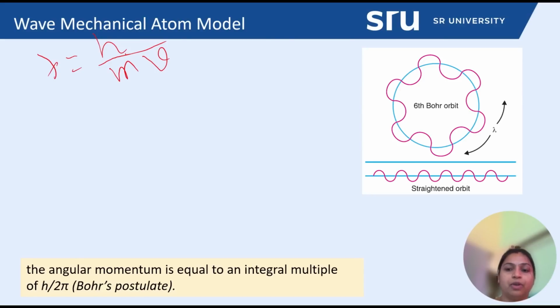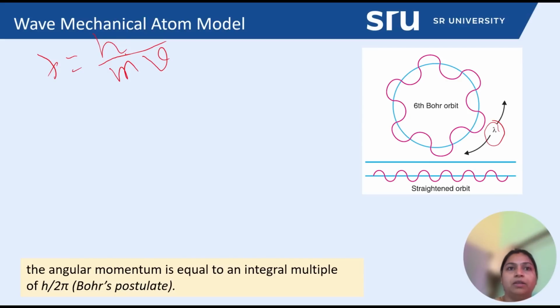Even the quantum conditions of Bohr follow from wave mechanics. For example, consider an electron in a hydrogen atom as a standing wave extending in a circle around the nucleus. In order that the wave occupy the circumference of a circle, the circle must contain an integer number of wavelengths lambda.